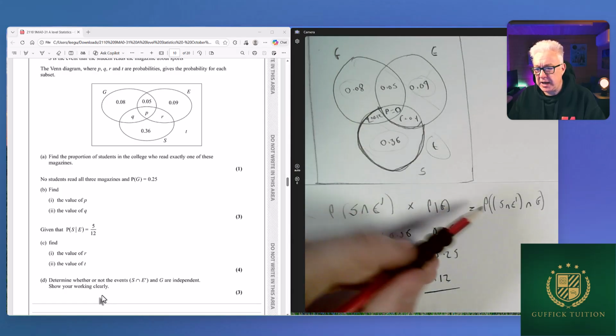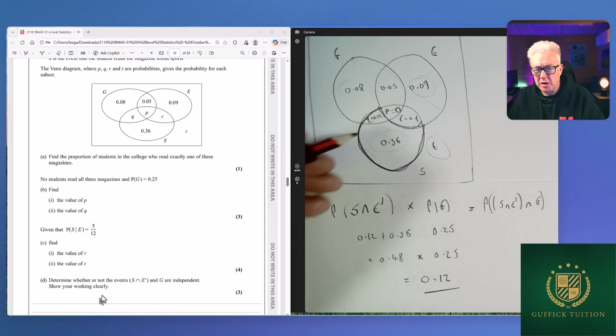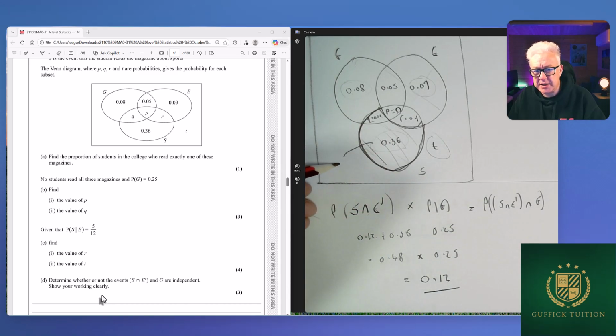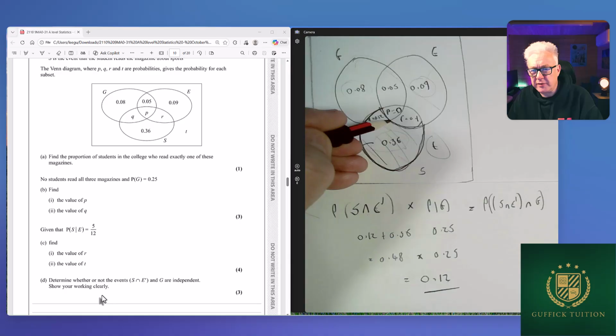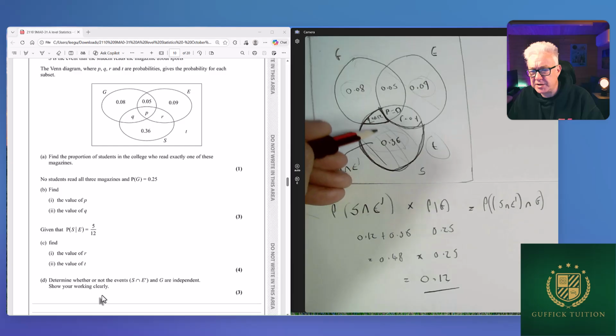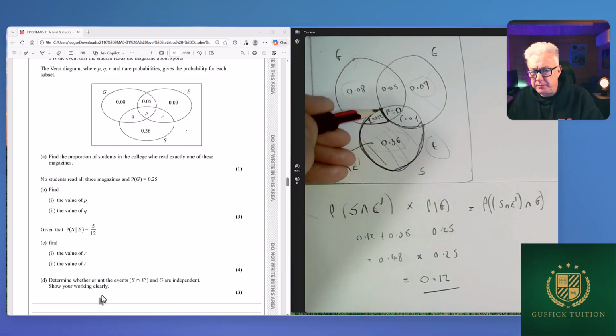Now, where does the intersection of these correspond on the Venn diagram? Well, remember, this region here that I'm shading now, this is our S intersection not E. This is our G, and the bit that's common to both of those two, the bit that's in G and that, so it's got to be in this sort of crescent shape here and in G, is just this little bit here, this 0.12.